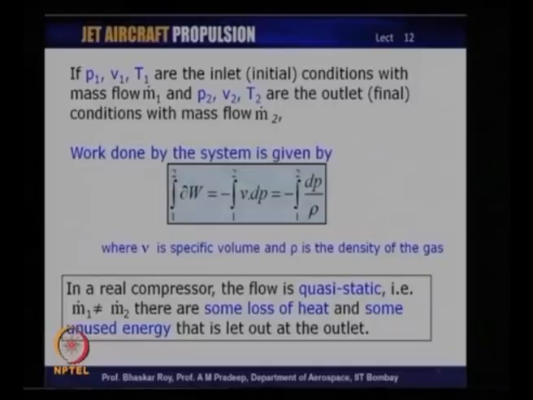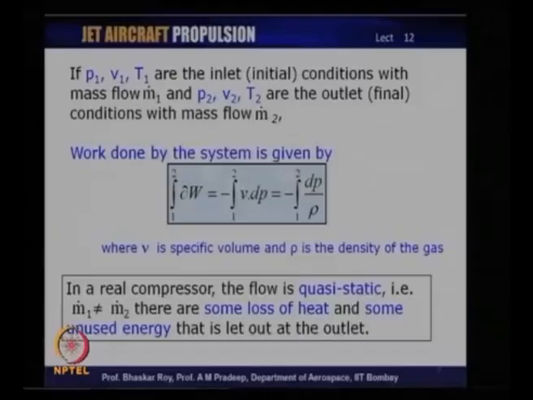That means it could have some loss of heat and some unused energy that is let out at the outlet. That means a certain amount of energy that was used for the intended purpose of compression is now available as exhaust energy and goes out with the outgoing flow.